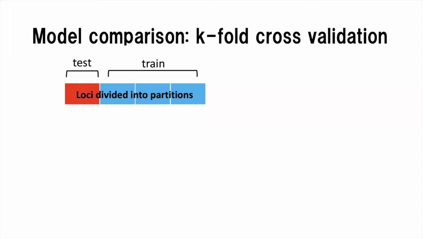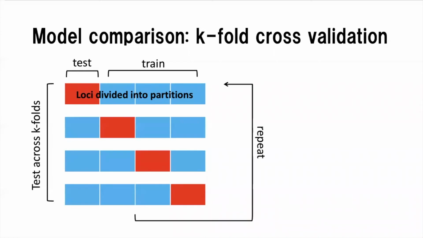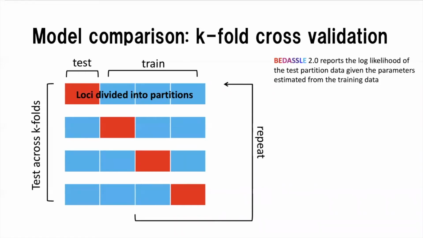And I will set 3 of those partitions as training data and 1 as my test data set. But then I'm going to repeat this 4 times such that every locus is included in the test partition at some point. Then we repeat this, shuffling the loci into different partitions several times.